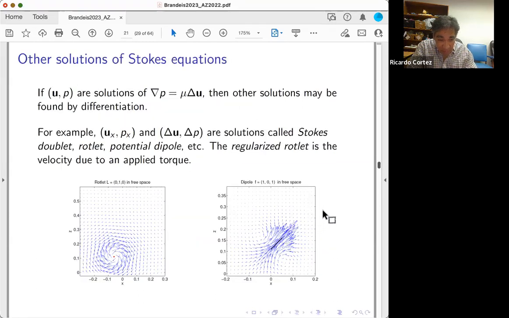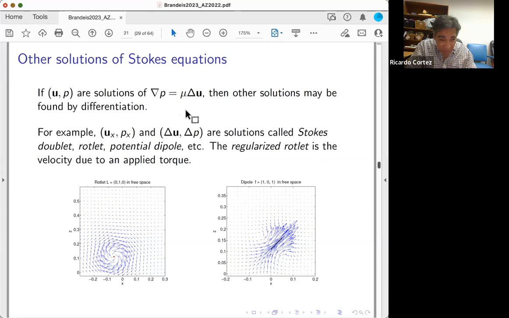Okay. And then finally, I'm going to skip some things, but traditionally, if U and P are the solutions to Stokes equations like this without forcing, then it's easy to see here that if you differentiate this equation with respect to almost anything, if you take a derivative with respect to x, for example, the dp/dx and the du/dx will also be a solution of the same equation.